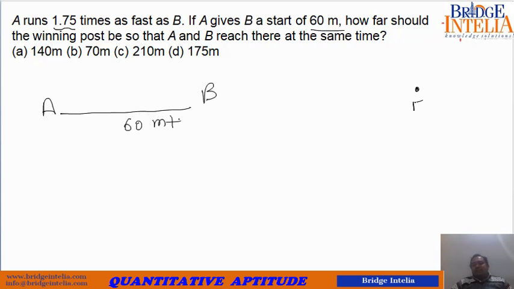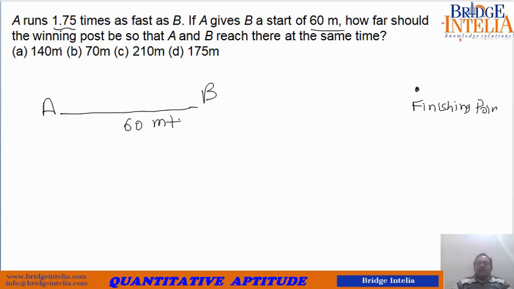This is the finishing point. So they both want to reach the finishing point together. That's why he gave B an advantage, that since you are a slow runner, I am giving an advantage to you. You stand a bit ahead of me. So this is what is known as giving a start.